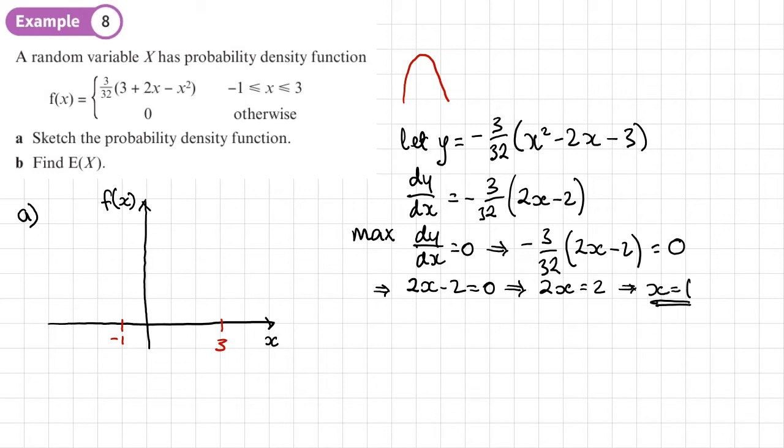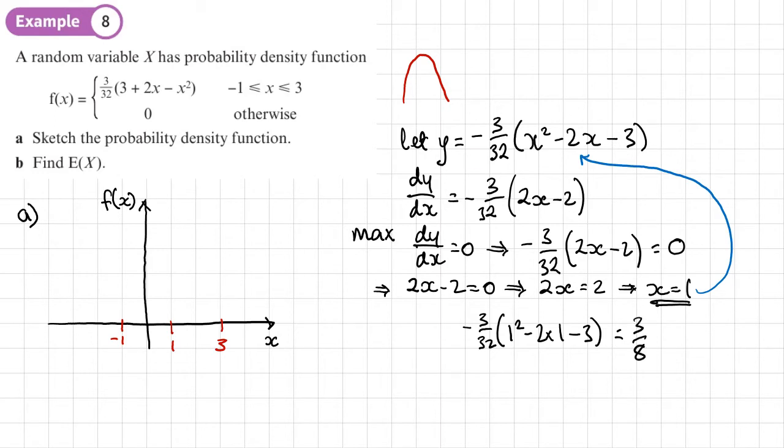So there's a turning point at x equals 1, which is going to be here. It'd be useful to know the y value, or the f of x value, at that turning point. So I substitute 1 back in and get -3 over 32 times 1 squared minus 2 times 1 minus 3. That gives a value of 3 over 8.